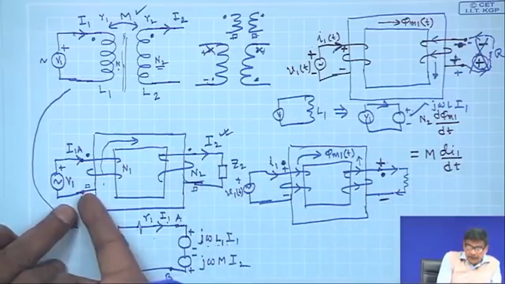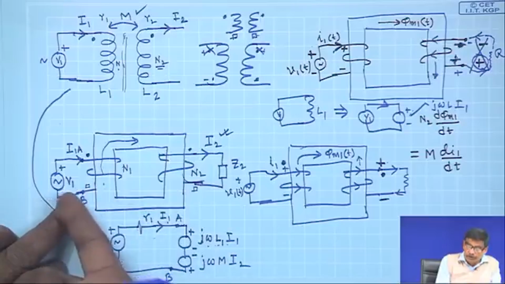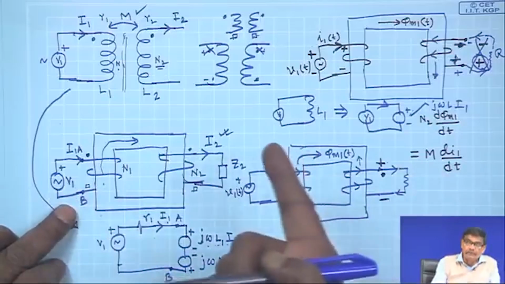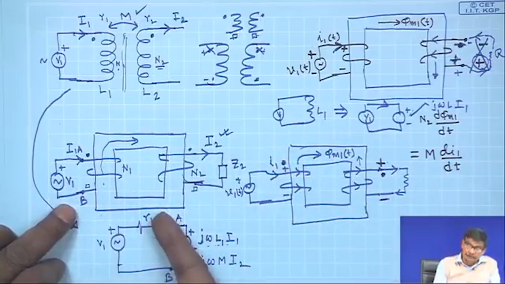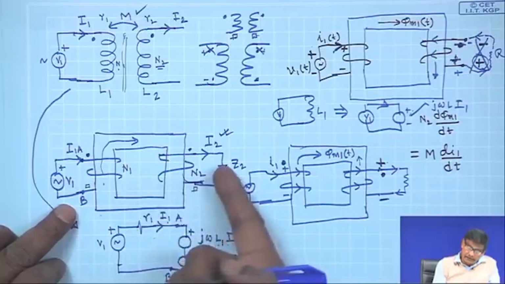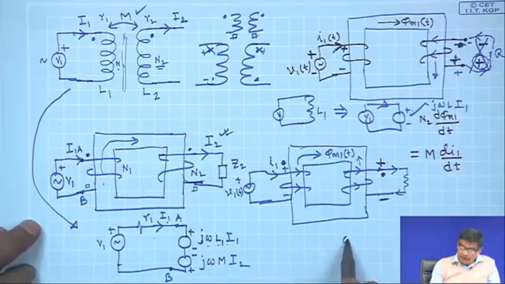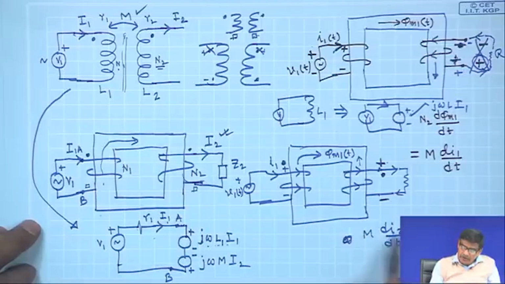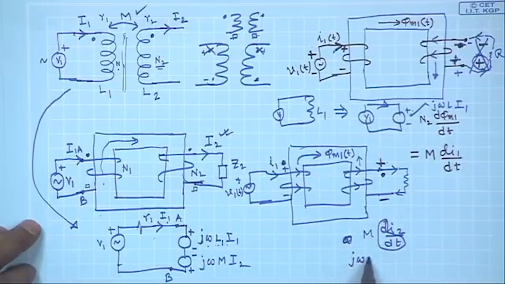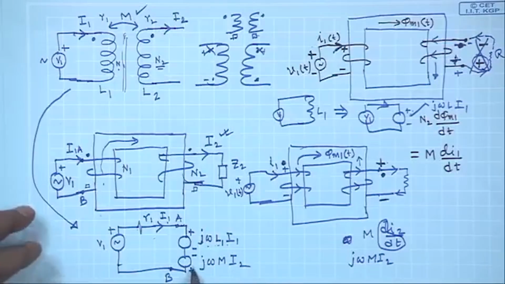Therefore, the first coil must be having some induced voltage, that is M di 2 dt, and by this time if you replace this d dt by j omega, you get the phasor. These things you must be knowing. So, that is why j omega M I 2. But the big question is where to write plus minus.